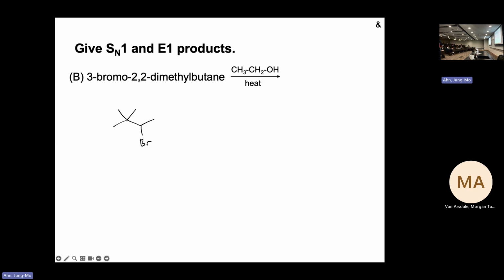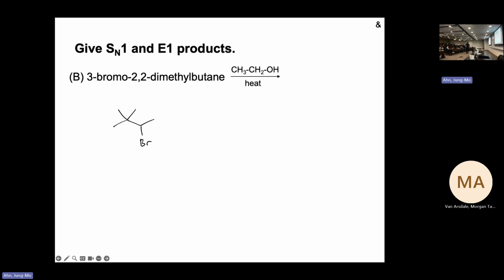This molecule has a bromine sitting on the secondary carbon. So if I have a strong nucleophile, can you expect an SN2 reaction with it? Most likely, yes, right? Unless you have a tert-butyl group right here. This is something that I told you, a very exceptional case.